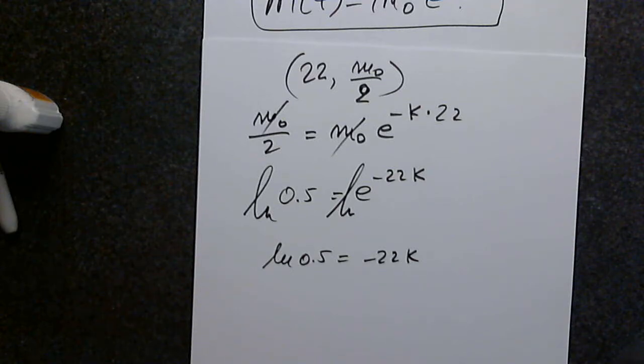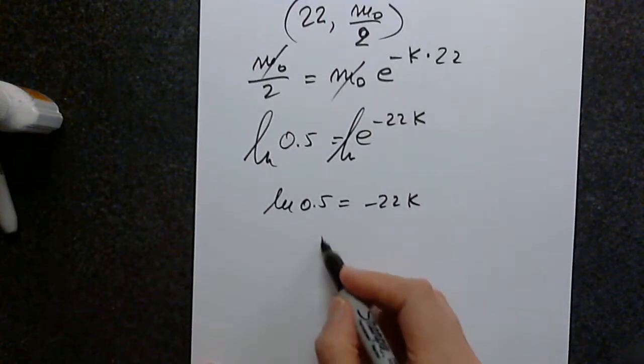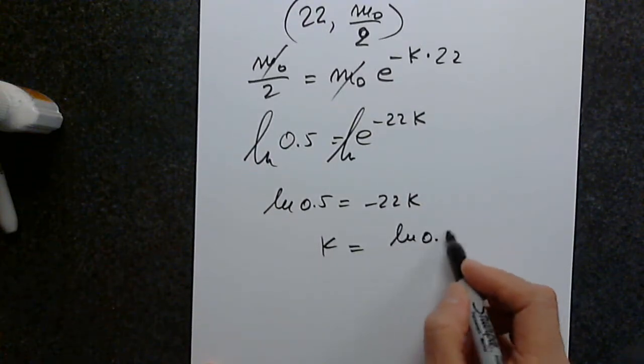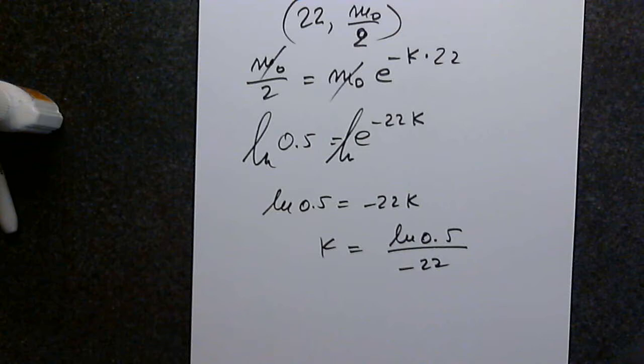Natural log 0.5 over negative 22. Let's see what we get.